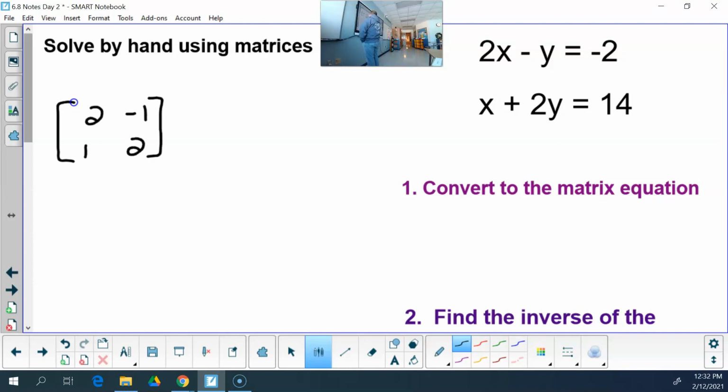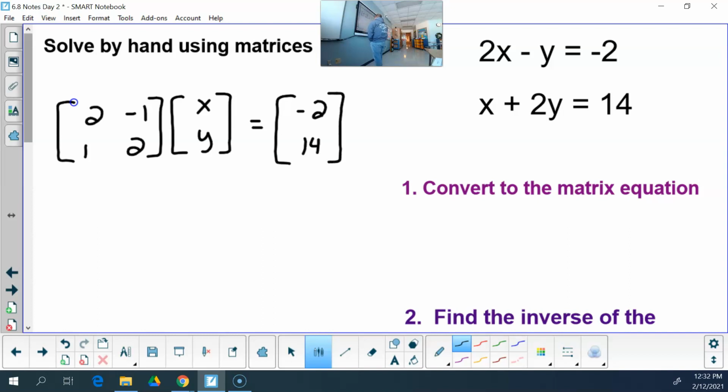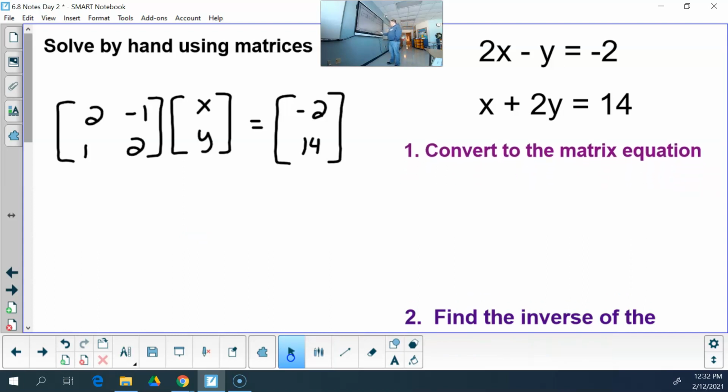The second matrix is the variable matrix, x and y. The third matrix is the answer matrix, negative 2 and 14. Okay. So we've converted it into matrix equation form.